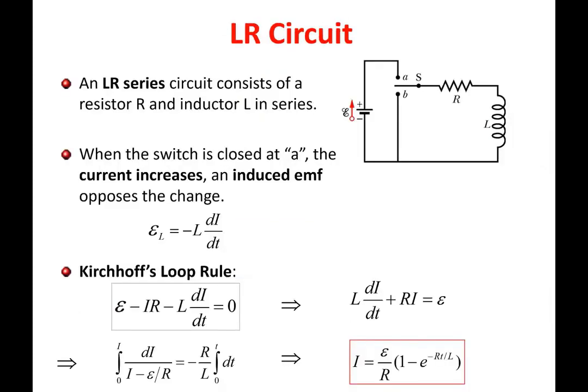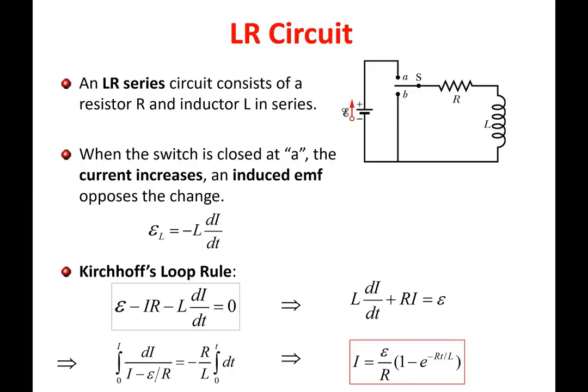And the next thing we want to do is consider some circuits that have inductance present. And the first circuit that we look at is called an LR circuit or an RL circuit. And our process for analyzing this circuit is very similar to how we treated our RC circuits back in an earlier chapter.